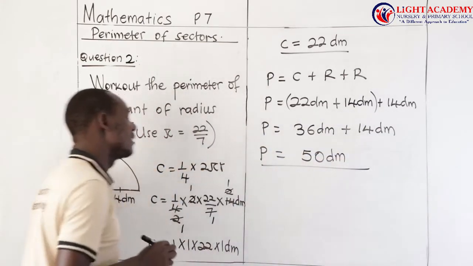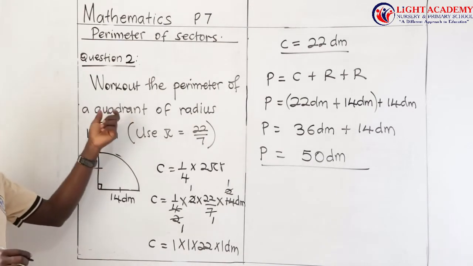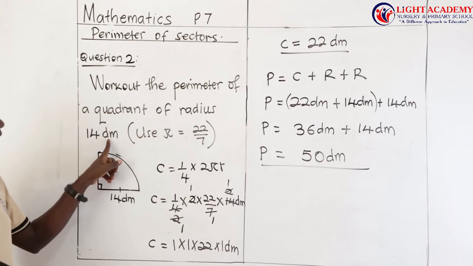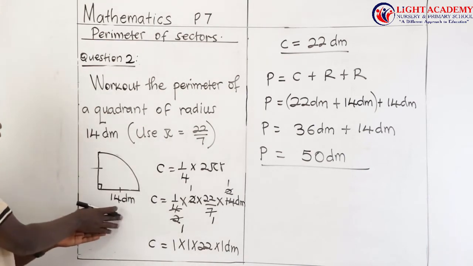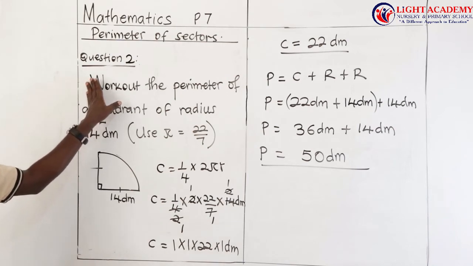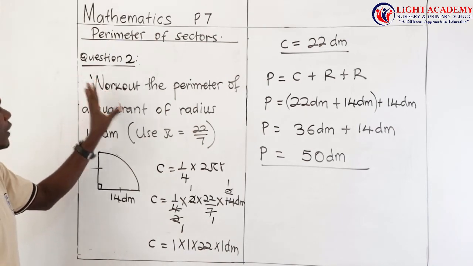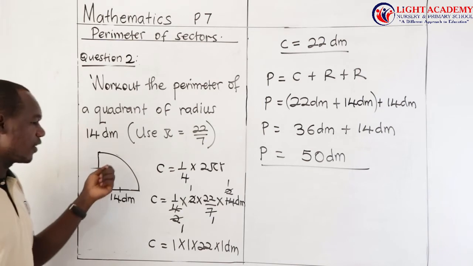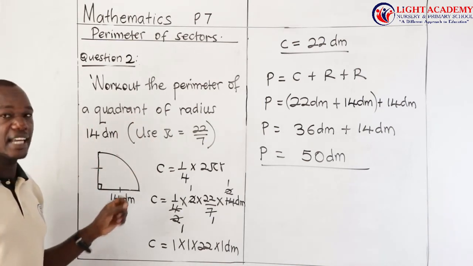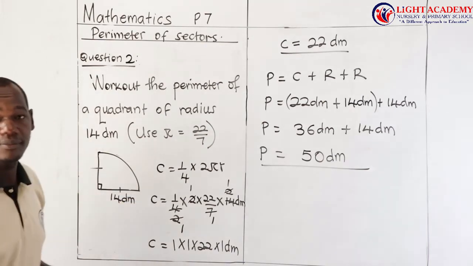And that is the distance around a quadrant of radius 14 decimeters, as you are seeing in this drawing. So this is our question number 2. But we have one more, number 3, which is not a semicircle and not a quadrant. So let's leave this and look at our last example, which is number 3.